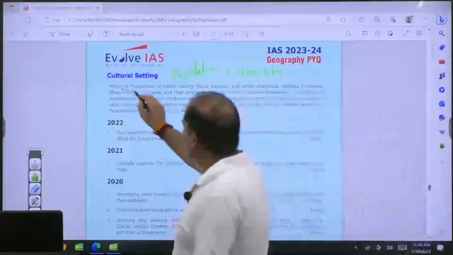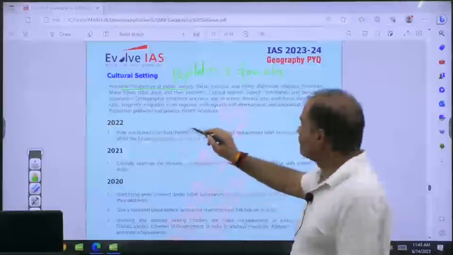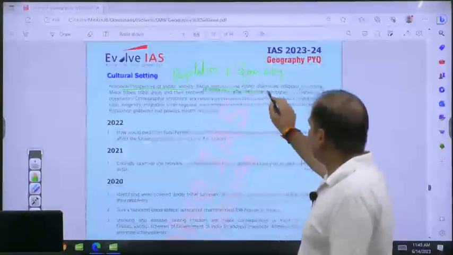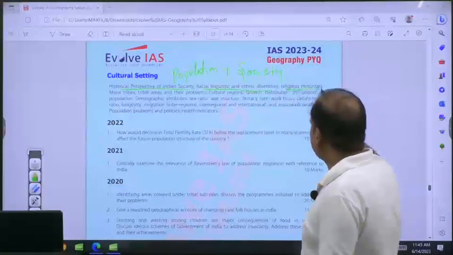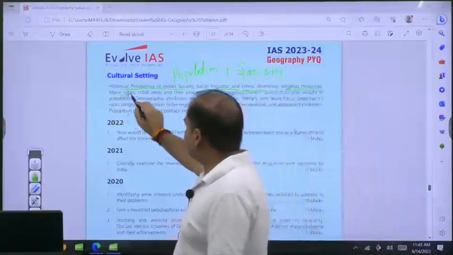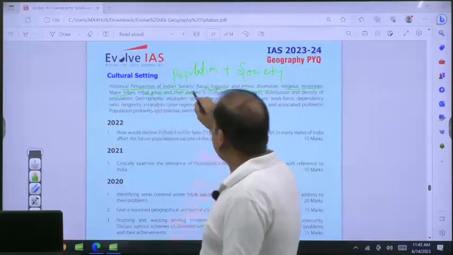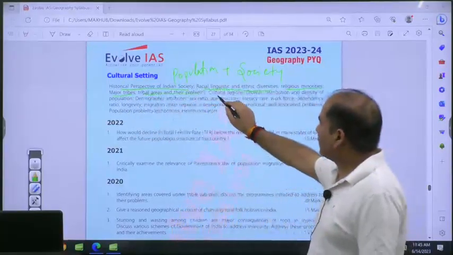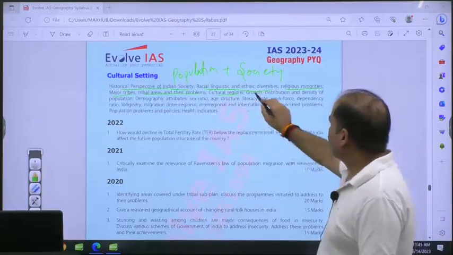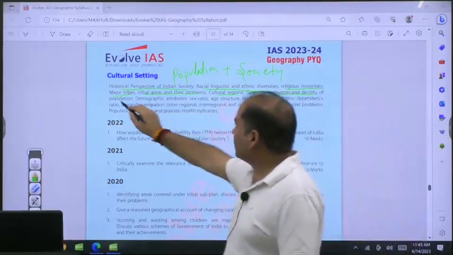So the historical perspective of Indian society, racial, linguistic and ethnic diversities, religious minorities, major tribes, tribal areas and their problems, cultural regions, growth, distribution and density of population.